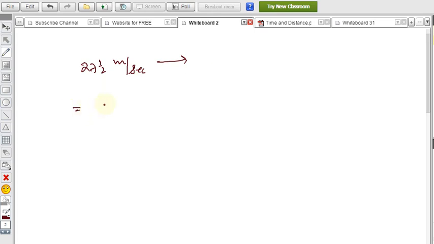First simplify: 27 1 by 2 is 55 by 2, into 18 by 5. You can cancel: 5 ones are 5, 11, 2 ones are 2, nines are 9, 11 nines are 99 kilometer per hour.